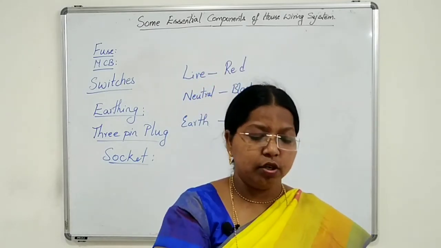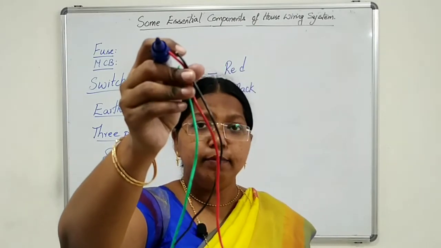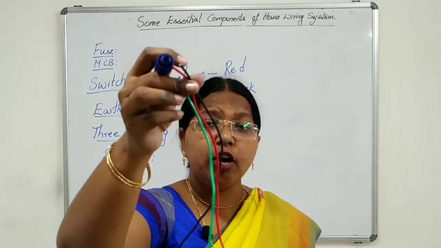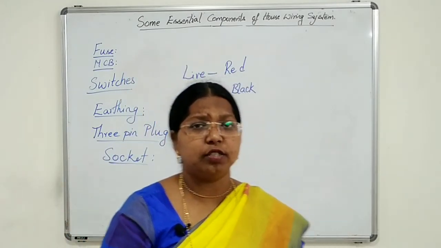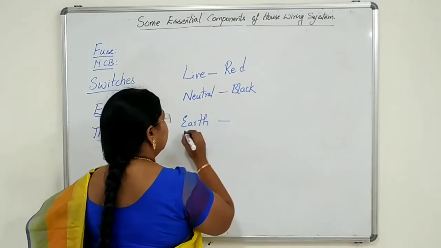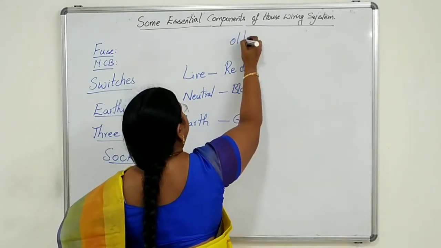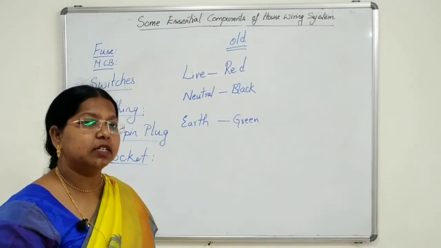So students, what is red for? Live wire. Black for neutral wire. And green for earth wire. These are the old conventions of these wires.